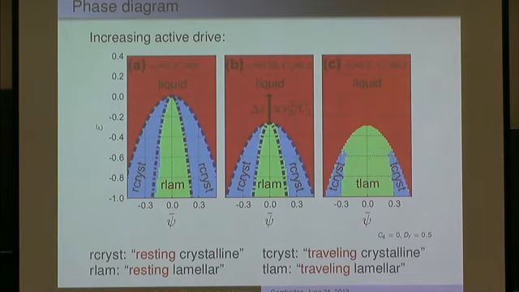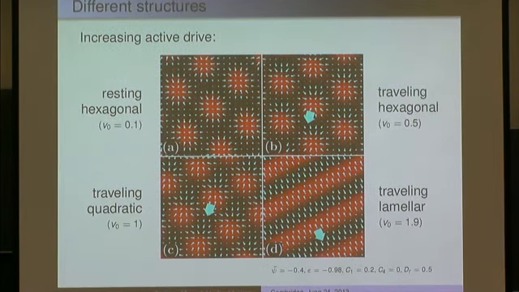Okay, so now a little bit more illustrative maybe. These are snapshots from different systems, obtained by increasing the active drive of the single particle in this order. Red is the density, so the density peaks are the red color, and then you see these small turquoise needles.